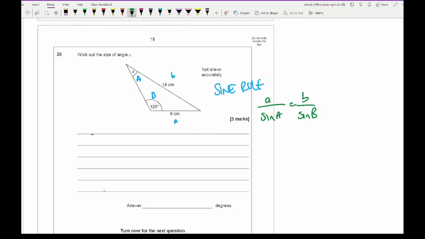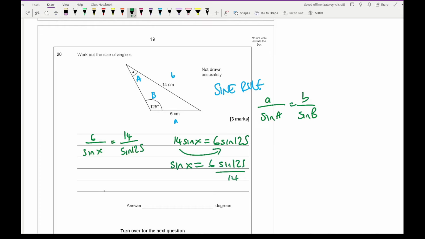So here we've got 6 over sine x equals 14 over sine 125. If I do a bit of cross multiplying, I get 14 sine x equals 6 sine 125. Take the 14 over, so I've got sine x equals 6 sine 125 over 14, and then what I want to do is inverse sine the answer.